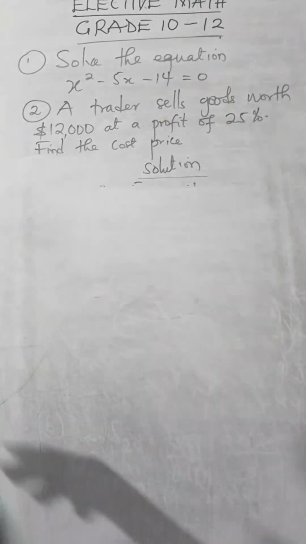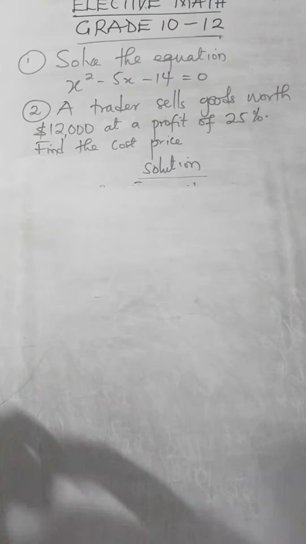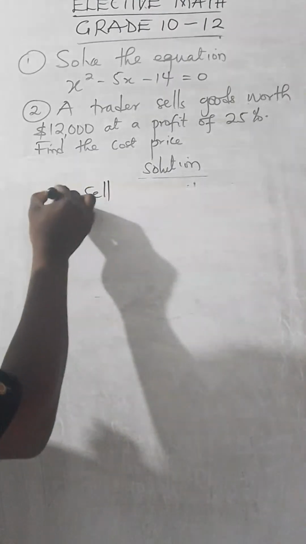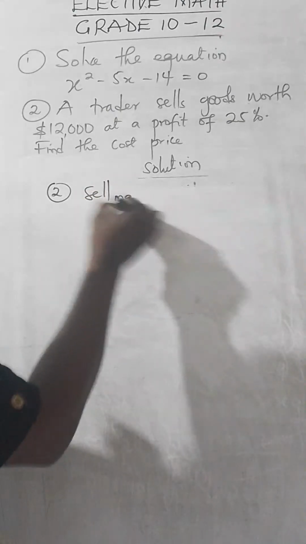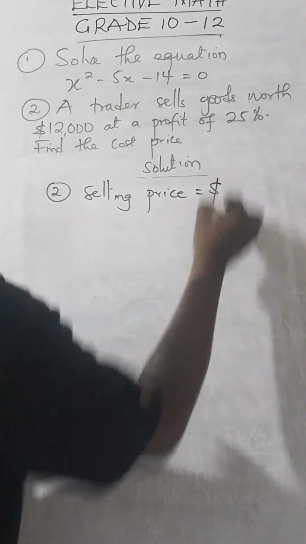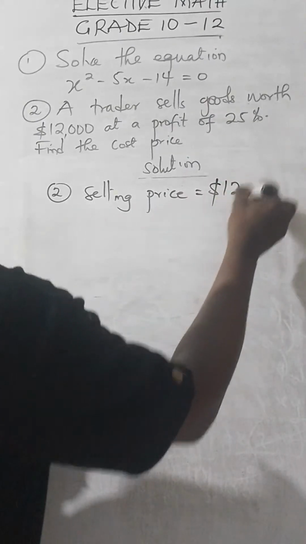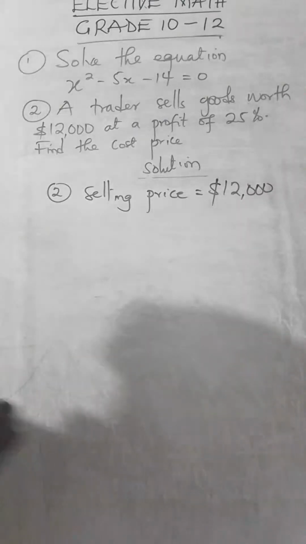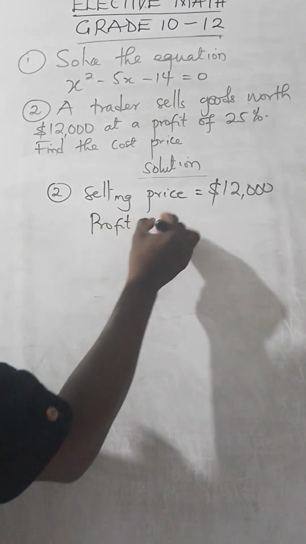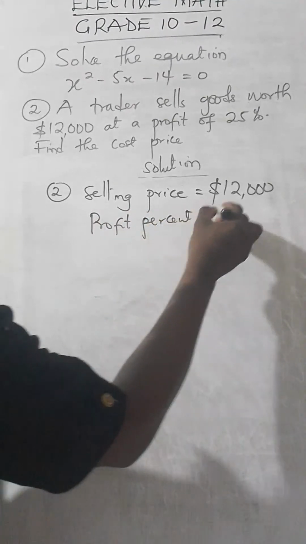The trader sells goods worth 12,000, so meaning that the selling price is $12,000. Then the profit percent is also given. Profit percent, that's 25%.